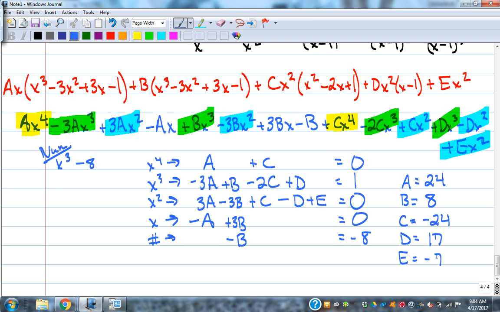So you add 3 times 24, 72, minus 24, which is 48. Minus 24 would be 24. Minus 17, 24 minus 17 would be 7. And then that's negative 7. So there's A through E.